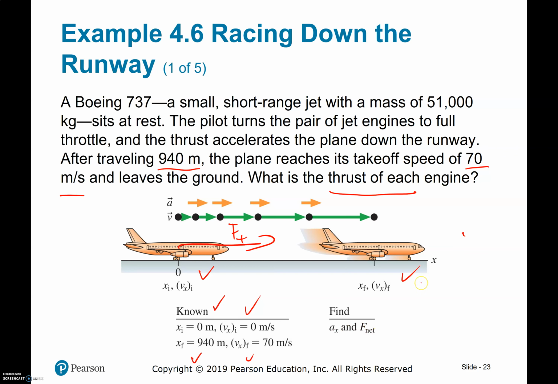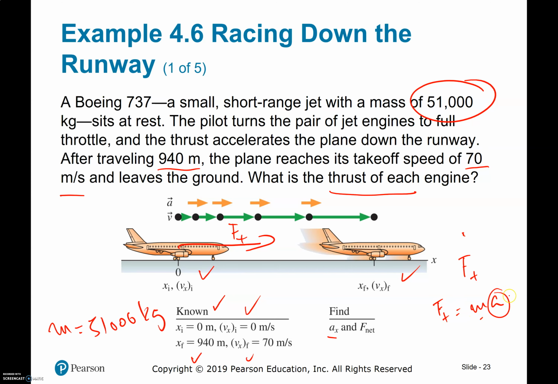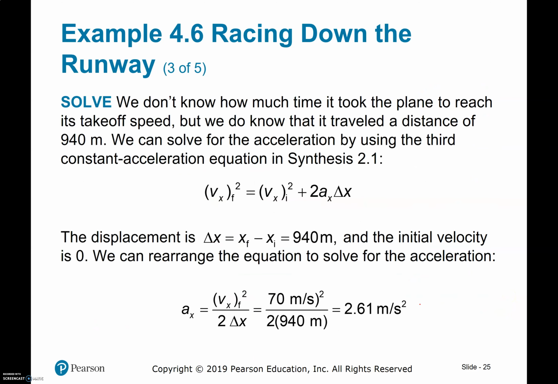We want to find the thrust, and for that we're going to use Newton's second law, F equals ma. So we need to find a. The mass is given here, so we find the acceleration, and with the acceleration we use Newton's second law to solve the problem.